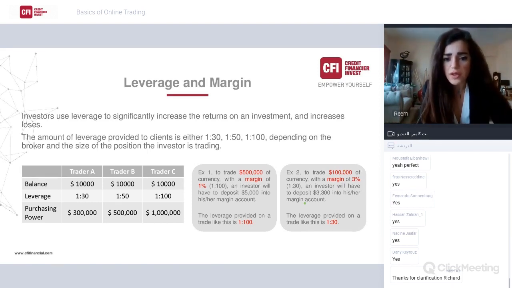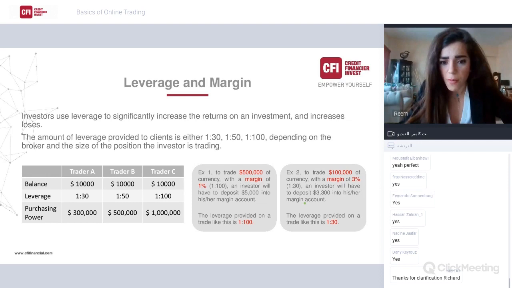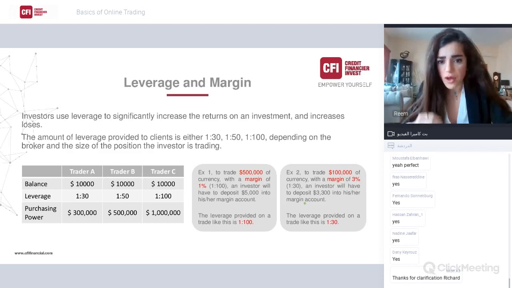What does that mean? 1 to 30 means 3%. So basically, 100,000 times this 3% is my margin. There goes another term that we have to know, the margin. The margin is the amount that I need in my bank account at the moment to control whatever position I'm opening. In this example, to control 100,000 units or 100,000 euros, or one standard lot, I need 3% margin. 3% of 100,000 is actually $3,333.